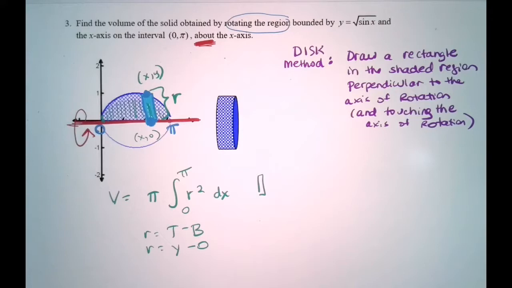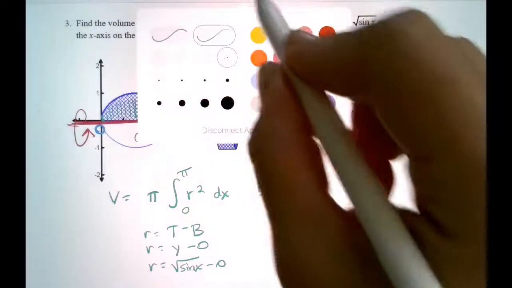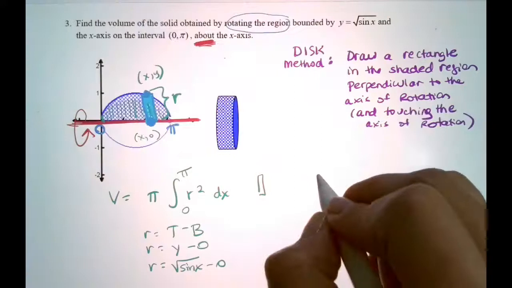I know this integral is supposed to all be in terms of the x variable, so let me switch it over. That means r is really the square root of sine x minus 0. Let's go ahead and fully set up my integral to represent this volume and walk it out.